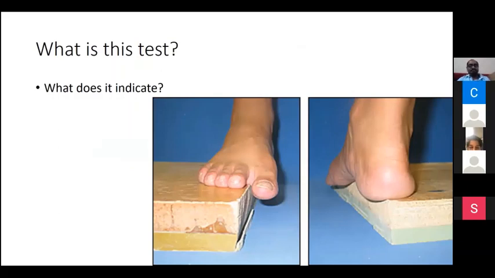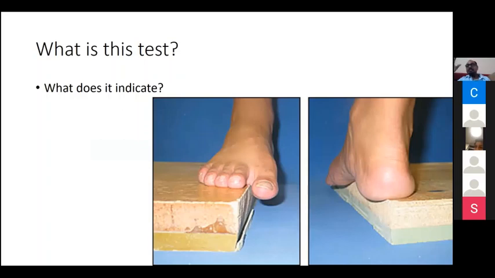What is it? Coleman block test. It finds the rigidity of the hindfoot varus, whether the hindfoot varus is flexible or rigid. So there are two inferences from this Coleman block test. One, whether the hindfoot is flexible or not.